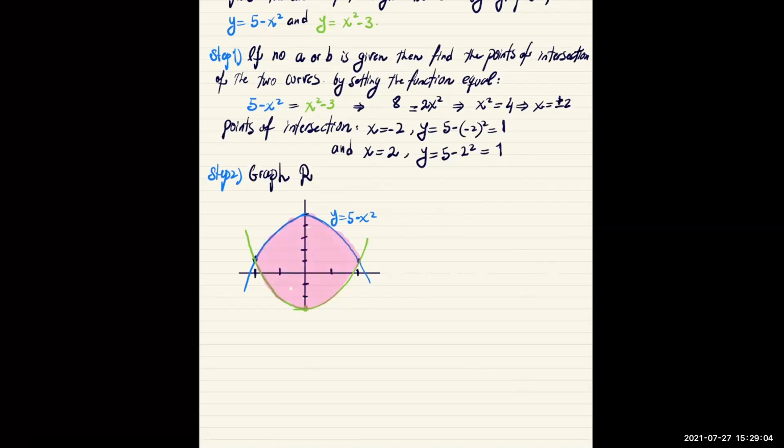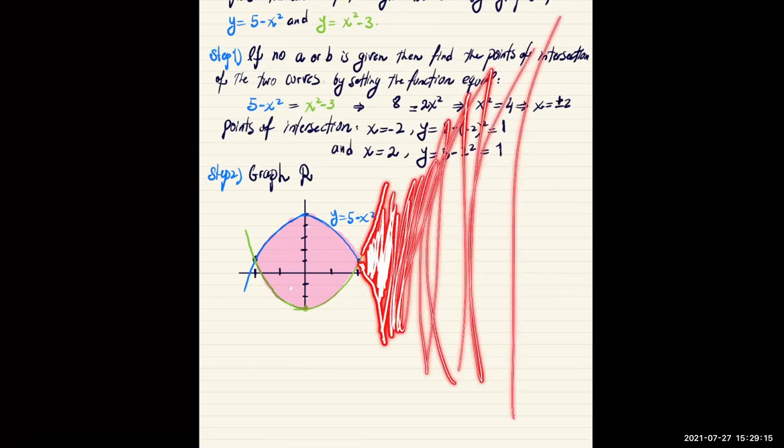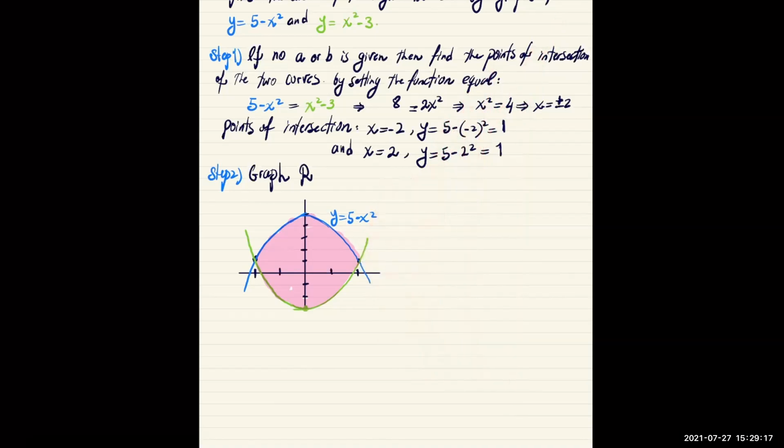If I were to continue with these graphs, there is nothing here that bounds. This is an unbounded thing. It will go forever, okay? There is no region between these. This region is infinite. Okay, this is the bounded region.